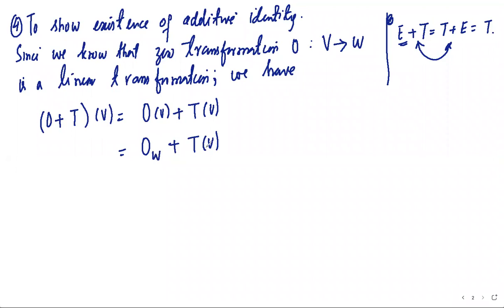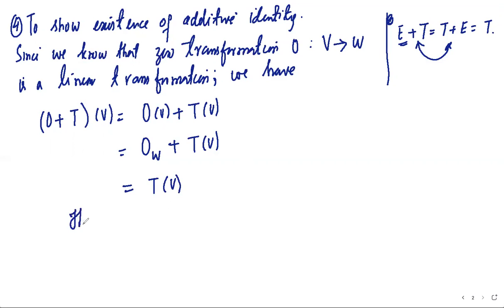तो अगर W में additive identity किसी भी वेक्टर के साथ ऐड करेंगे, what we will get, this is the same as T of v, क्योंकि 0 ऐड करने से कुछ भी चेंज नहीं होगा. So we have shown that 0 plus T, that is 0 plus T of v, is the same as T of v.